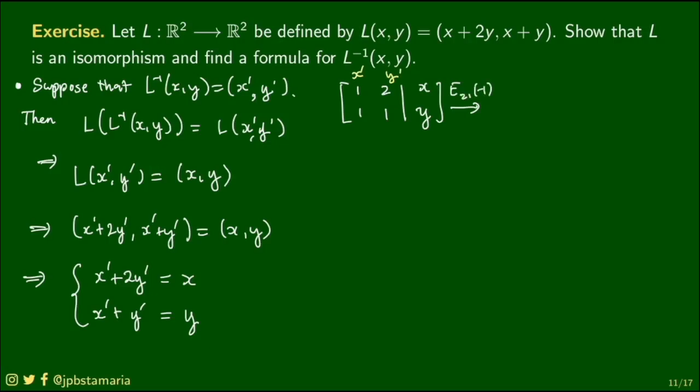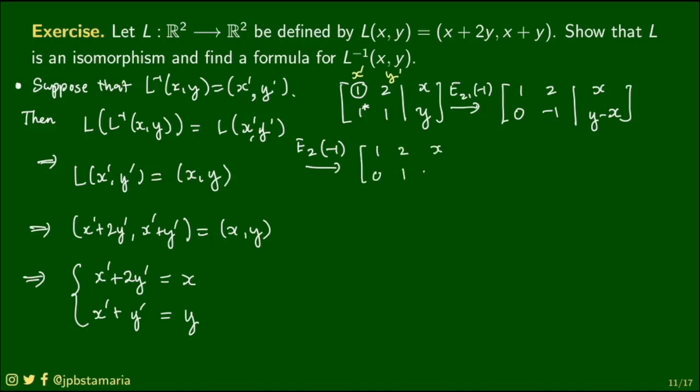Okay, so I'm going to do this: 1 2 x, that will not change, 0 negative 1, and then it will happen here. I will subtract, y minus x. Next, I'm going to multiply the second row by negative 1, so I have 1 2 x, 0 1 x minus y.